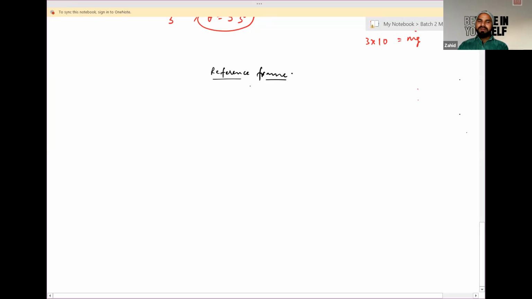In this part, we have to define forces related to that particular reference. So we may define reference frame in two different ways. First is inertial frame of reference, and second is non-inertial frame of reference.